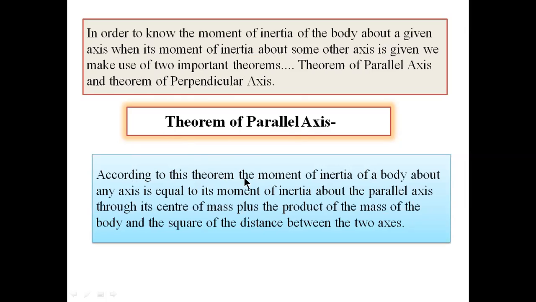According to this theorem, the moment of inertia of a body about any axis is equal to its moment of inertia about the parallel axis through its center of mass plus the product of the mass of the body and the square of the distance between the two axes. So this is the theorem of parallel axis.